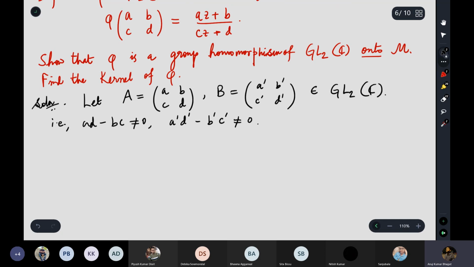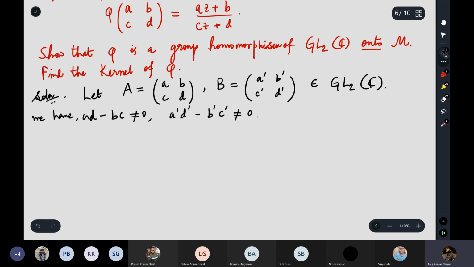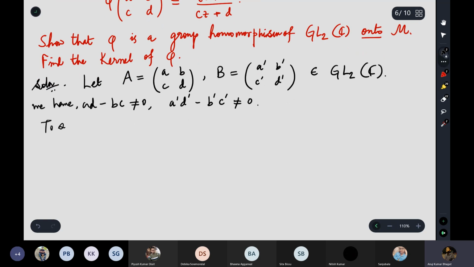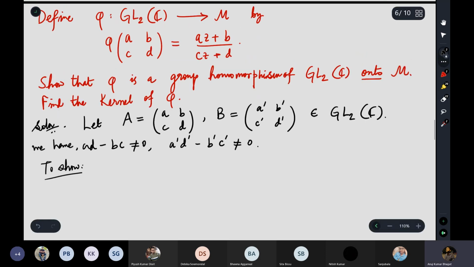And basically we have this to show. Now who can tell me what I have to show? How to show that phi is a group homomorphism?